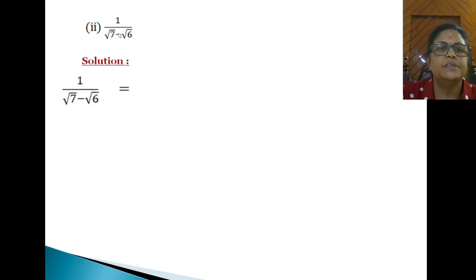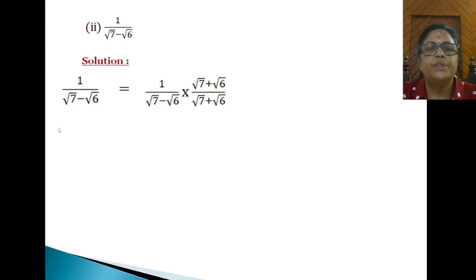Rationalize the denominator. Next one, 1 by root 7 minus root 6. That means it's a binomial. You will multiply numerator and denominator by root 7 plus root 6. 1 by root 7 minus root 6 is equal to 1 by root 7 minus root 6 into root 7 plus root 6 divided by root 7 plus root 6.